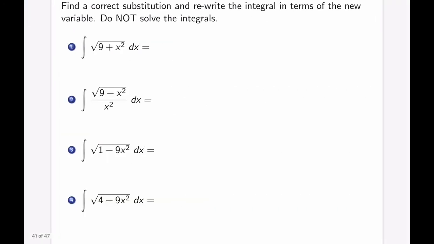So in my first case here, and for the first few integrals, it might actually help to write out that this number, 9, is actually 3 squared plus x squared. And then it's easier to see that this is going to be my a squared, this is going to be my x squared, and therefore the substitution suggested by the table is going to be 3 tangent of theta.